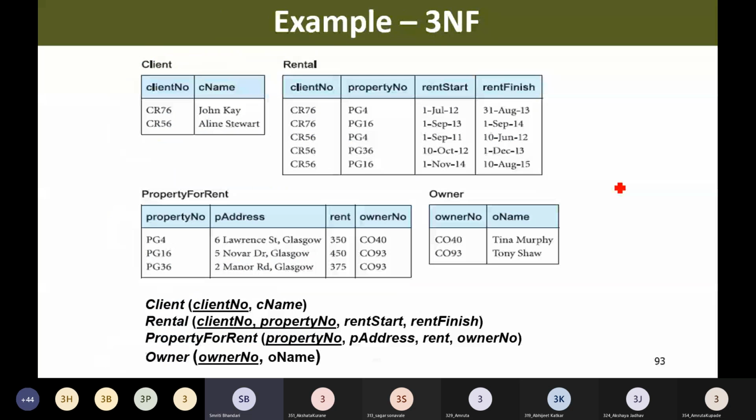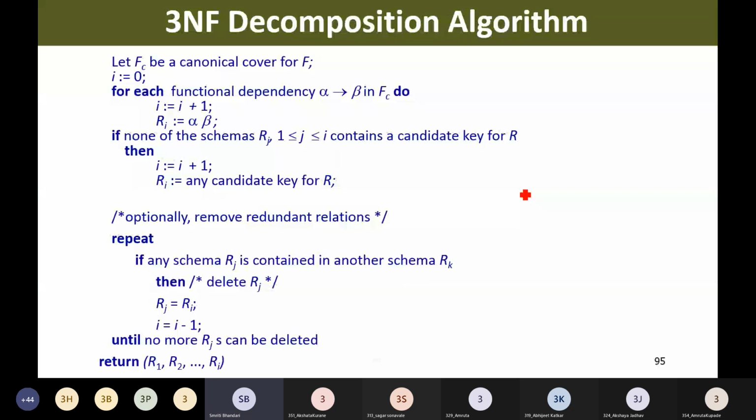Practically, I have given you tips on how to convert a relation in 2NF into a relation in 3NF by making use of transitive dependency, but we have a more formal algorithm for 3NF decomposition. So let us go through this algorithm.